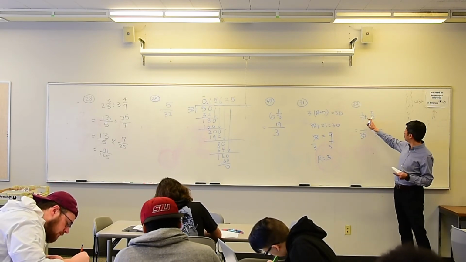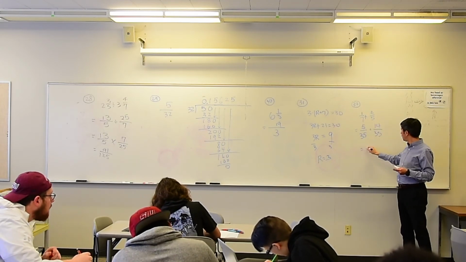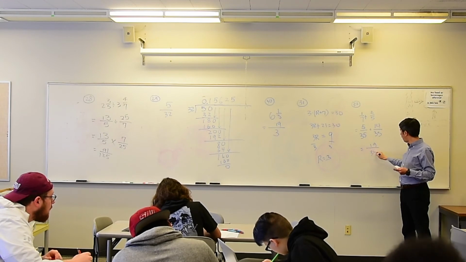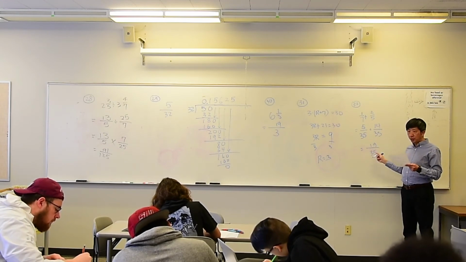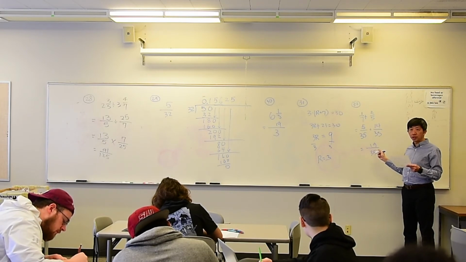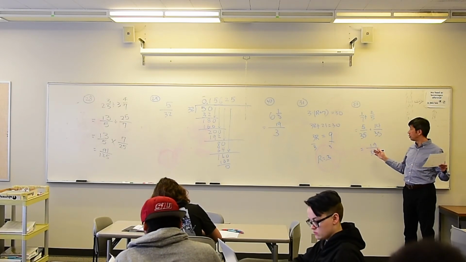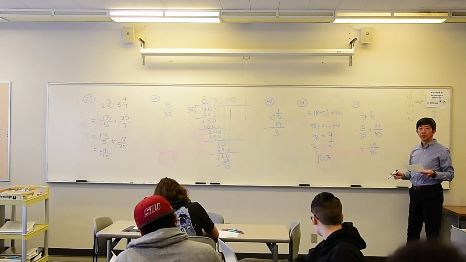So we take a 5 times 1, 5. 7 times 2, 14. Add together, 19 out of 35. Final answer? 19 out of 35. Nothing we can reduce.